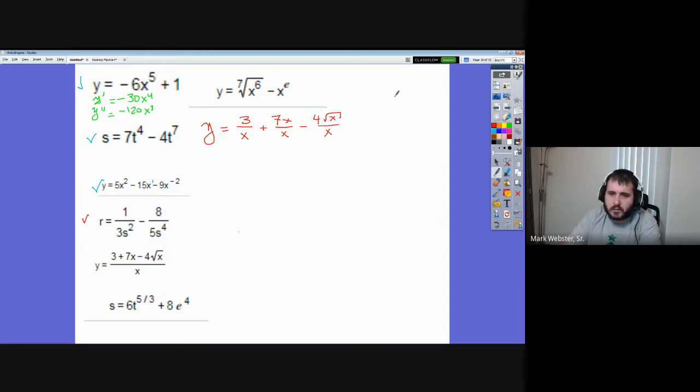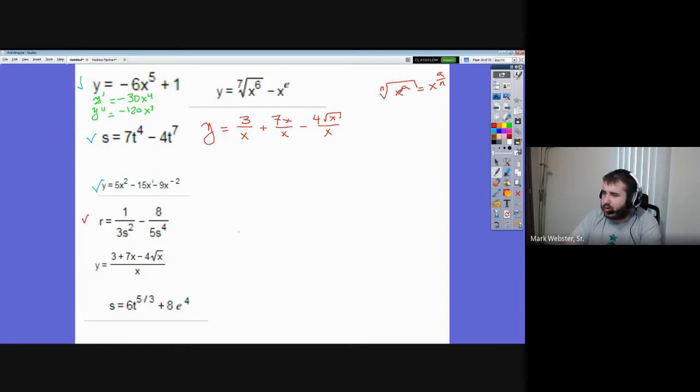Well, the formula that we use is this, right? Using a fraction exponent, whatever the index is in the radical becomes the denominator.